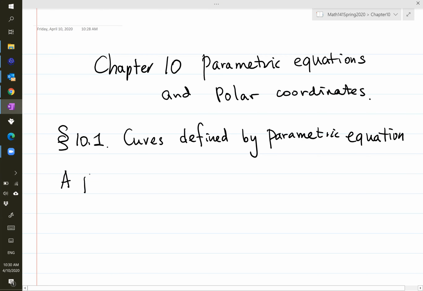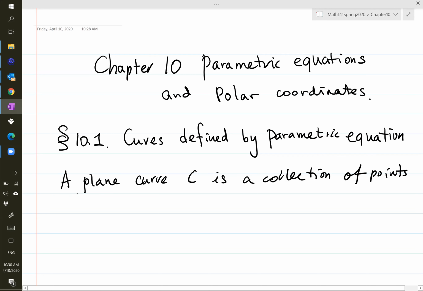So a plane curve C is a collection of points (x, y) obtained in a continuous manner.